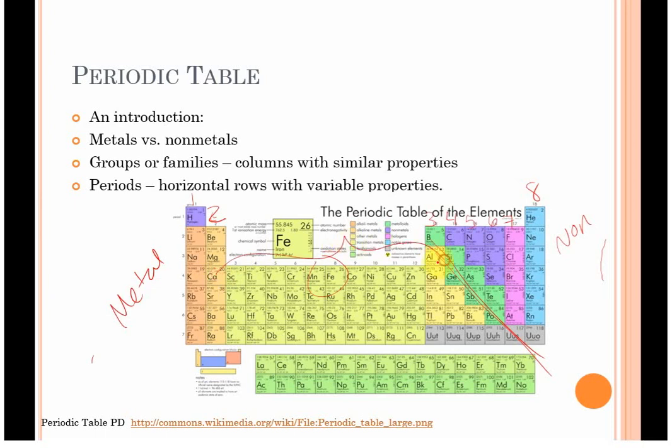Later on, we'll deal with the properties down here, but for right now, that just makes it a little easier for us if we number straight across. The properties of elements within these groups are very similar, and we'll talk about that in just a minute. Periods, on the other hand, are these rows, 1, 2, 3, 4, 5, and so on. Because they go all the way across many columns, they have variable properties.